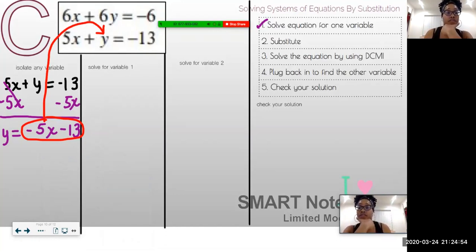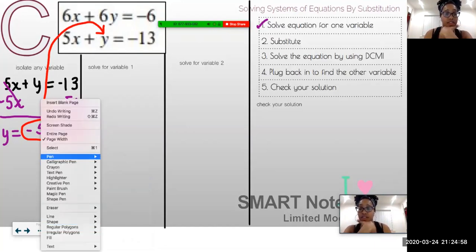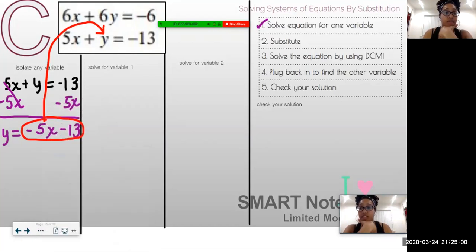Okay? So now what this should look like, I'm gonna again write this in black, what came with the problem. 5x plus y equals negative 13. So I'm gonna replace this for 5x. We just figured out that y is negative 5x.